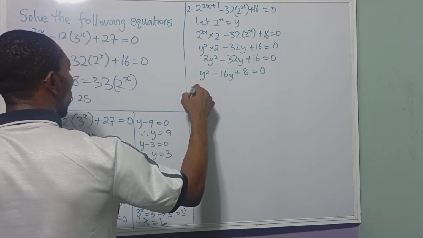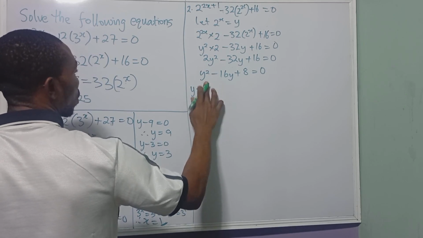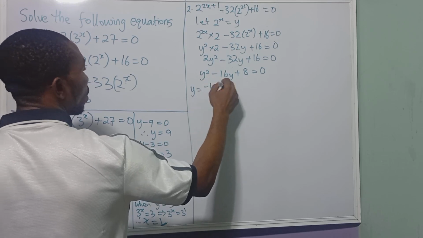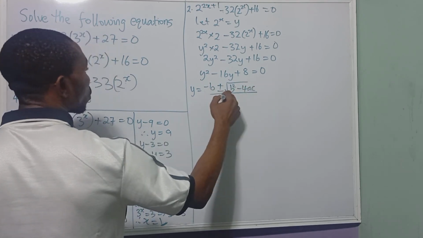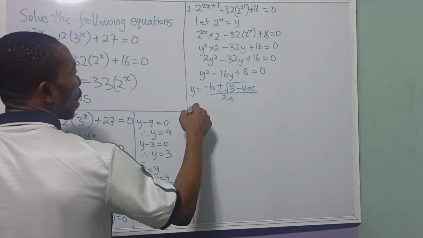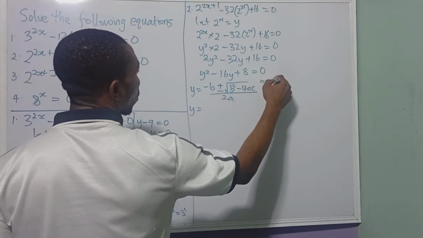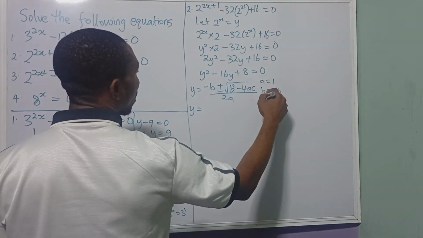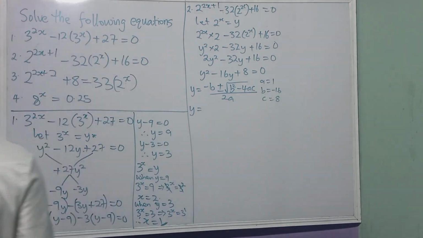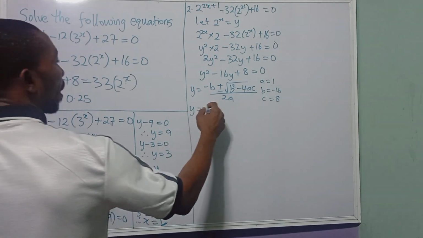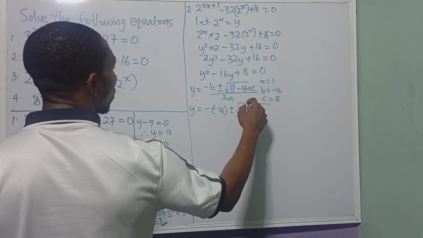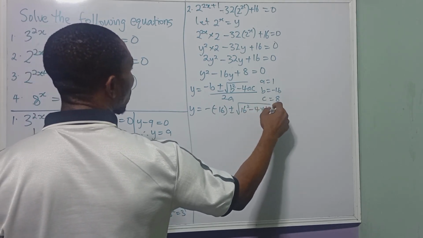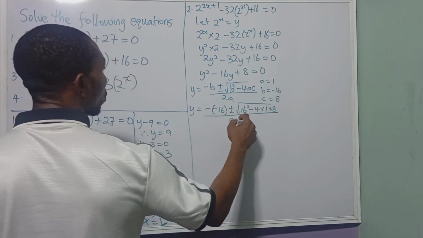Now using our quadratic formula, y equals minus b plus or minus root b squared minus 4ac all over 2a. Here a is 1, b is minus 16, and c is 8. Substituting, we have minus minus 16 plus or minus root 16 squared minus 4 times 1 times 8, all over 2 times 1.